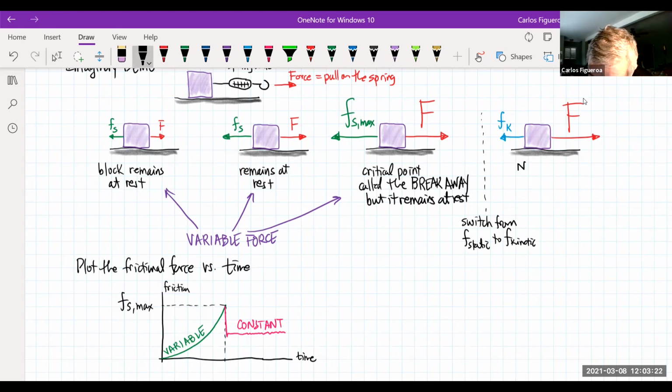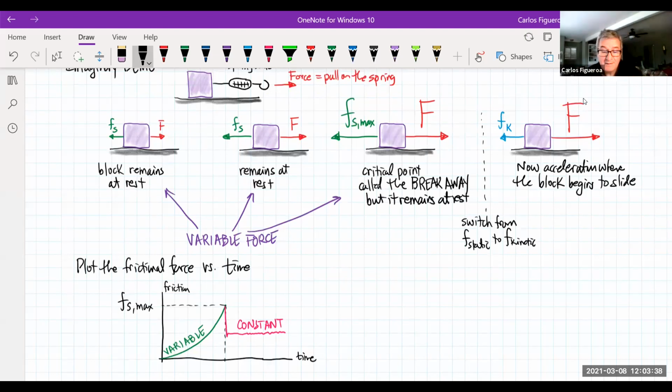There's now acceleration where the block begins to slide. Okay, it begins to slide here.